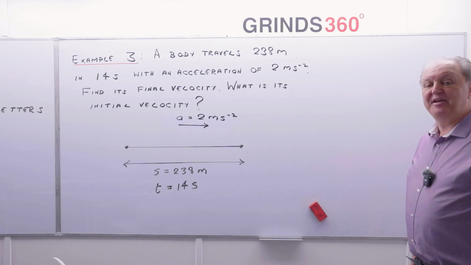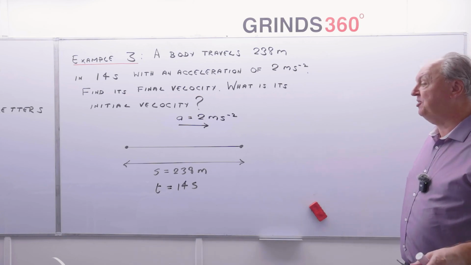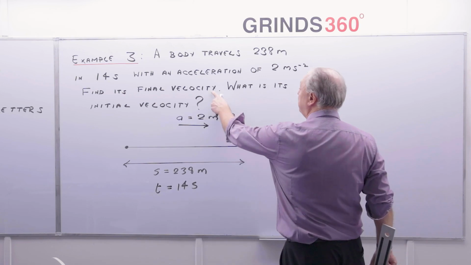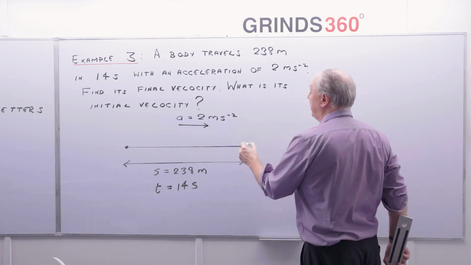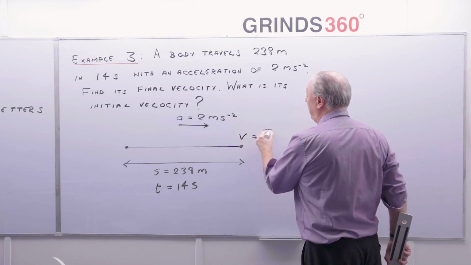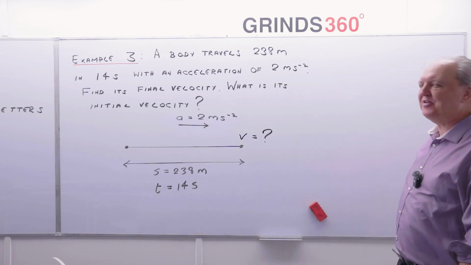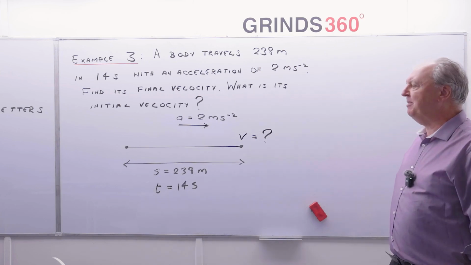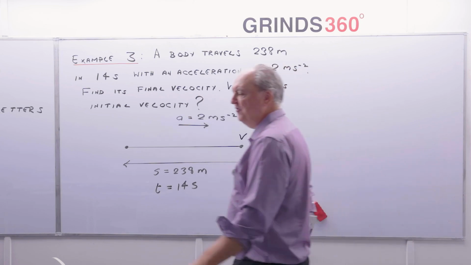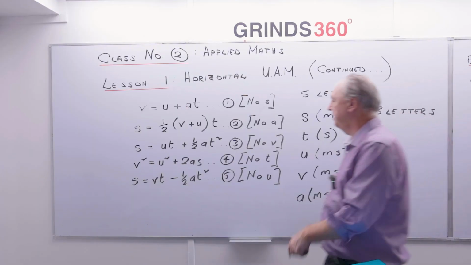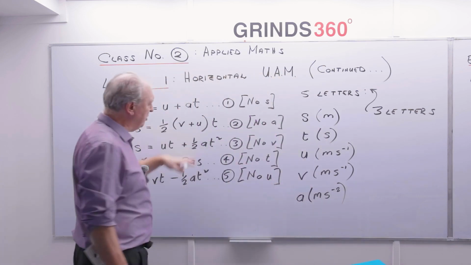Look, the great thing here is I've got 3 bits of information, so I can work out the other 2. What are they asking me to work out first of all? They're asking me to work out the final velocity, V, first of all. So you see those 4 letters there? What letter are you missing? The letter you're missing is U. So if you go back to all my equations here, where's my equation with no U in it?